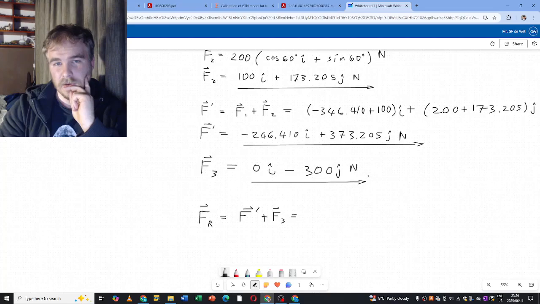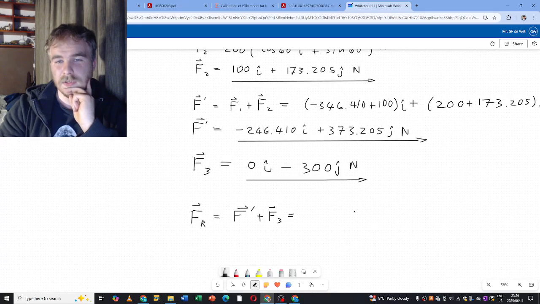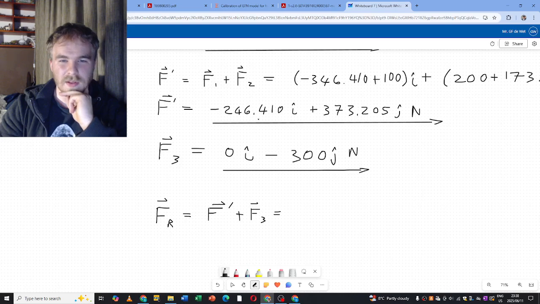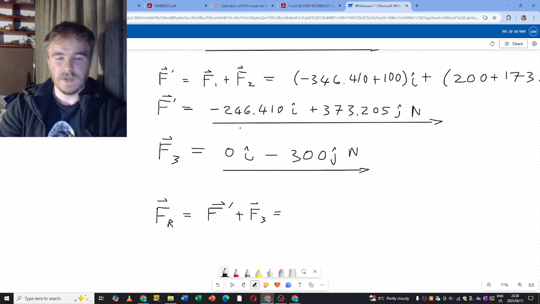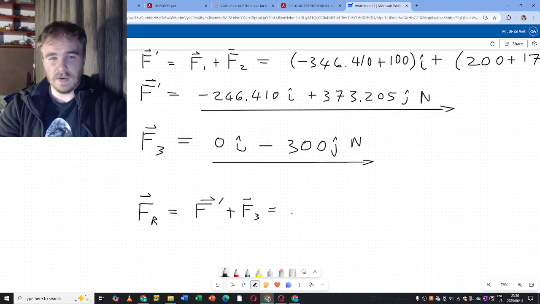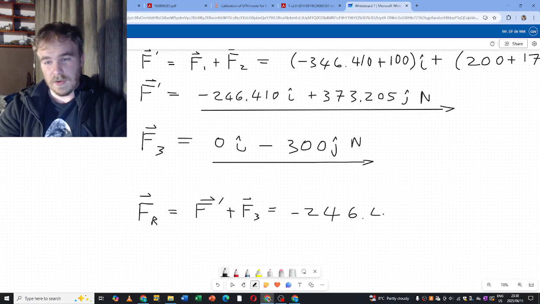And then let's see how to do this. Okay, I'm just going to write it down immediately. I'm not going to do this in steps because it's too simplistic, I feel. Because you can see that the i's are just going to stay the same as they were in the prime case, so that's going to be negative 246.410, because 0 added to that does nothing in the i direction.